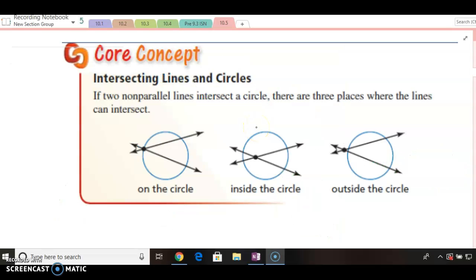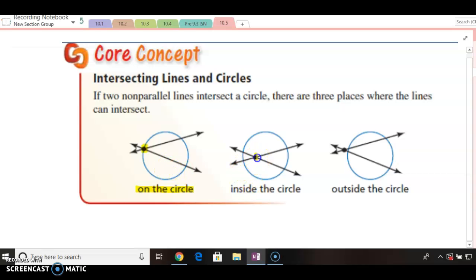All right, guys, so this is kind of a concept that you need to understand, and it's not hard. It just says if two non-parallel lines intersect a circle, there are 3 places where they can intersect. They can intersect on the circle, so you'd have this figure here. These would intersect at this point, which is on the circle.